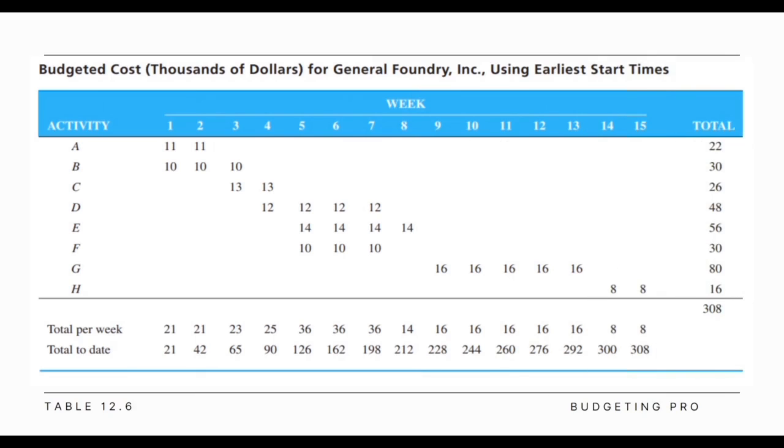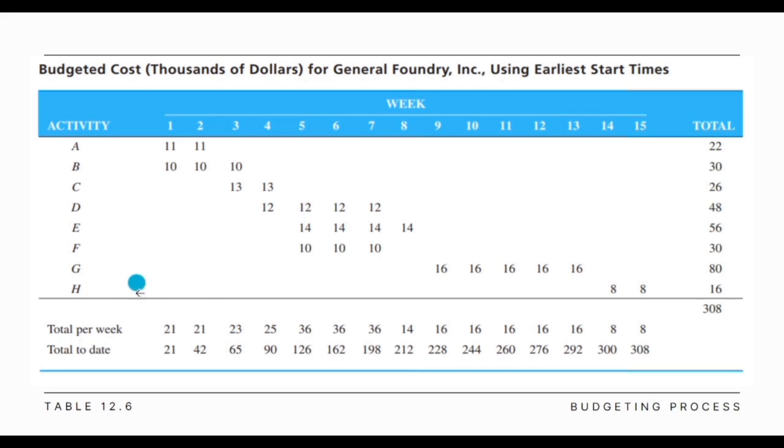So you can also calculate the budgeted cost using the earliest start time. So activity A will start in the first 2 weeks. So 11,000, 11,000 also in the second week, total of 22,000. So in activity B, it will start in the first 3 weeks, so 10,000, total of 30,000, and so on.